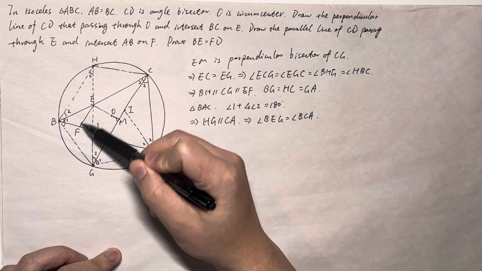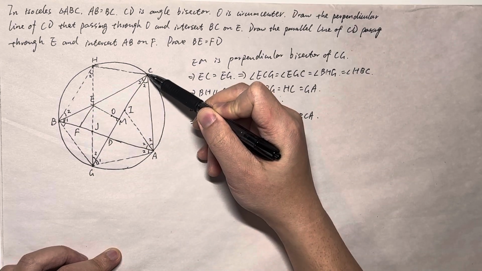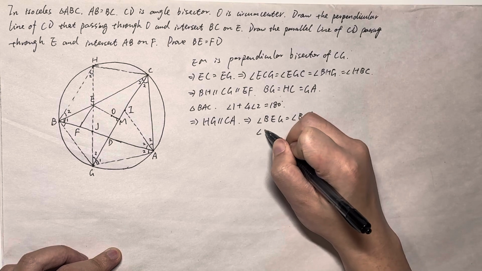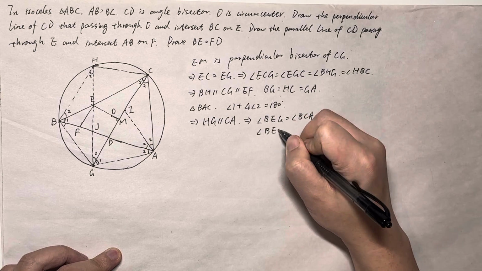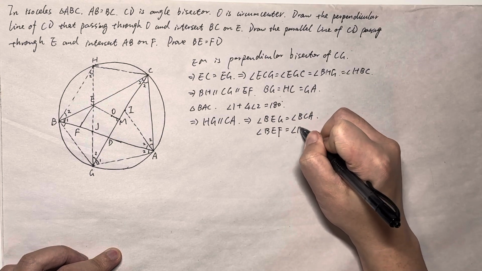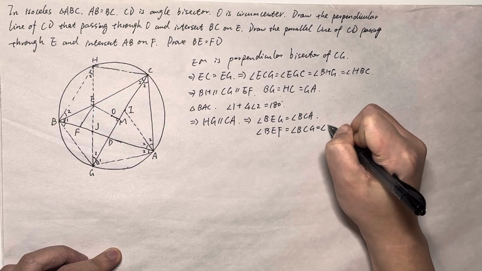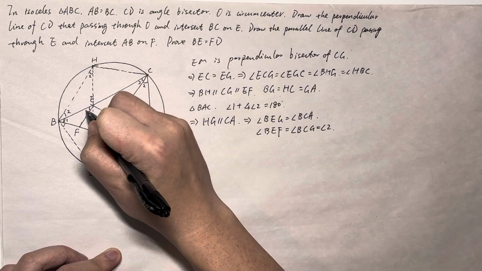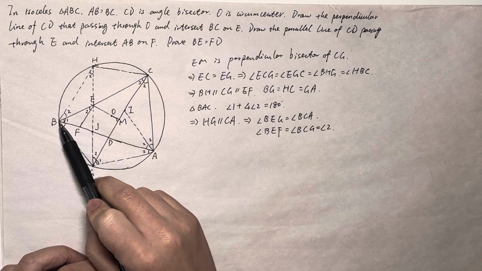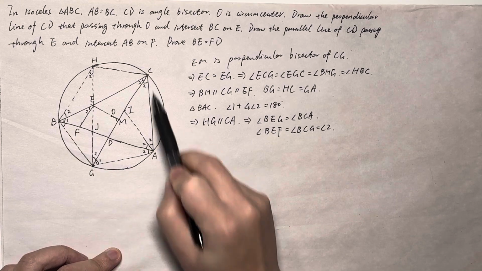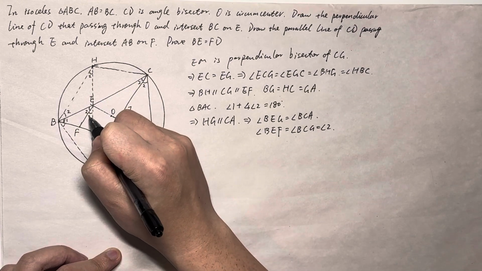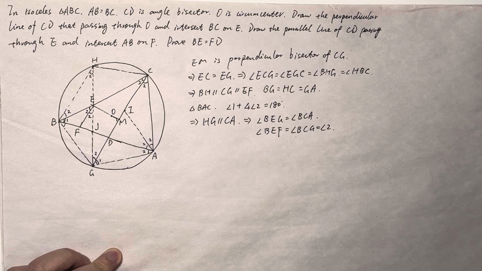Because EF is parallel to GC, angle BEF equals angle BCG, which equals angle 2. So this is angle 2. And we already know that BEJ equals BCA, so this angle is angle 2 as well.